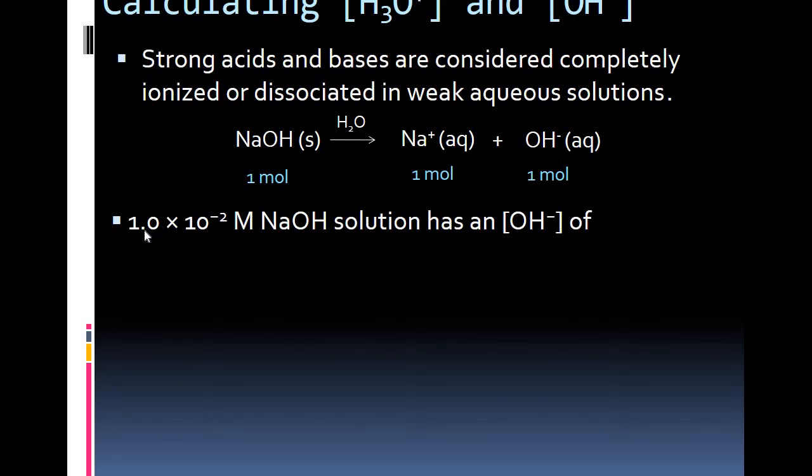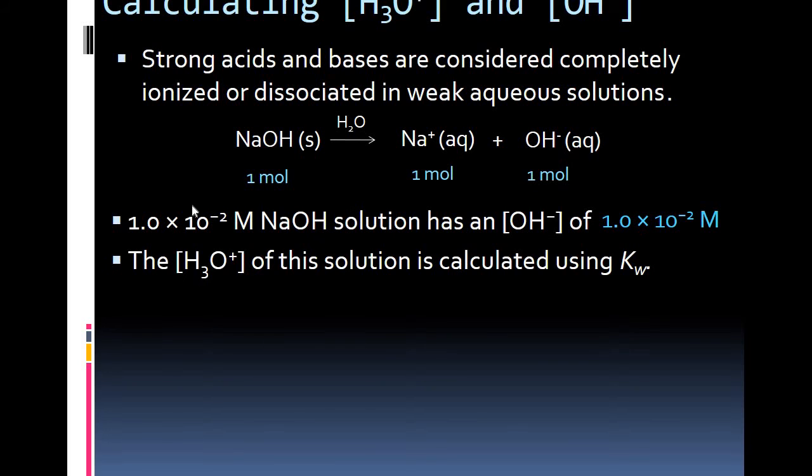So if we have a 1.0 times 10 to the negative 2 molar NaOH solution, it's going to have a hydroxide ion concentration of 1.0 times 10 to the negative 2 molar. So how do we determine the hydronium ion concentration? We're going to use our Kw equation, our self-ionization constant, which is 1.0 times 10 to the negative 14. We know the hydroxide ion concentration, and we know the value for Kw at 25 degrees Celsius.